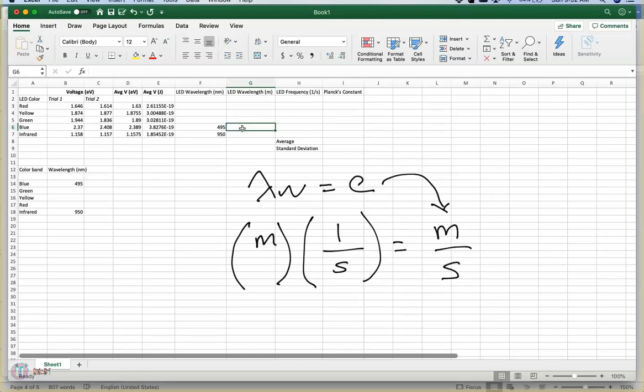If I left it in nanometers, I'd be about a trillion-fold off, because I'd be off by 10 to the 9th, because there's 10 to the 9th nanometers in 1 meter. Make sure I did that correctly, right, because we have millis, -3, micros, -6, and then nanos, -9. Yep, we're in good shape.